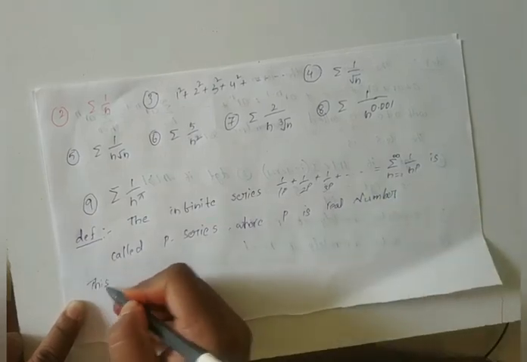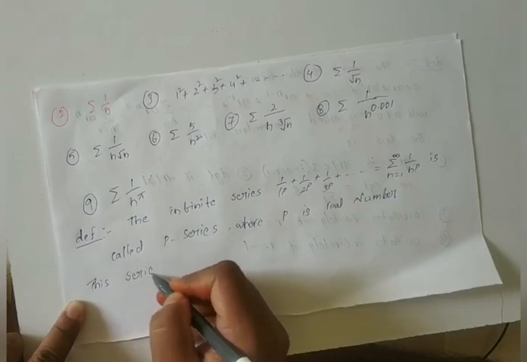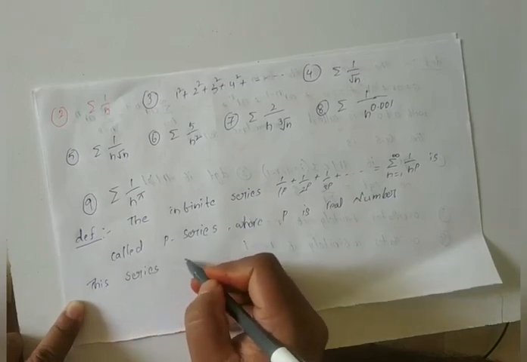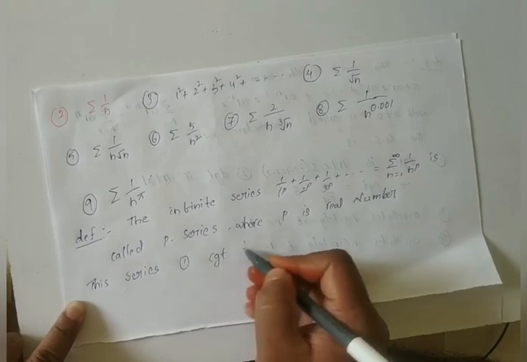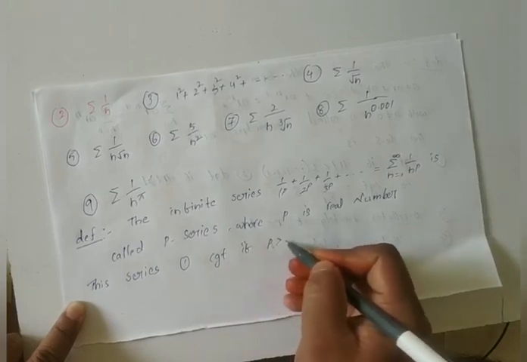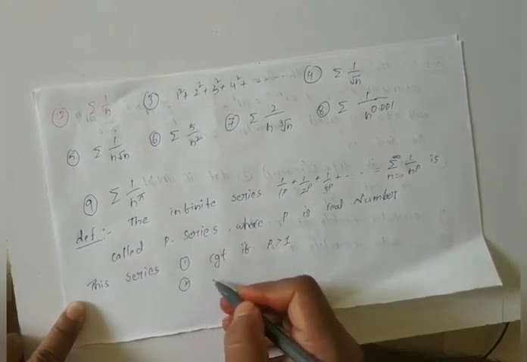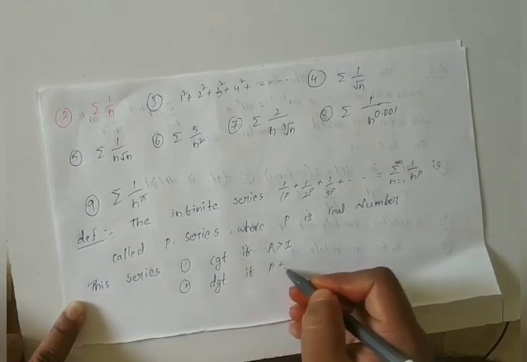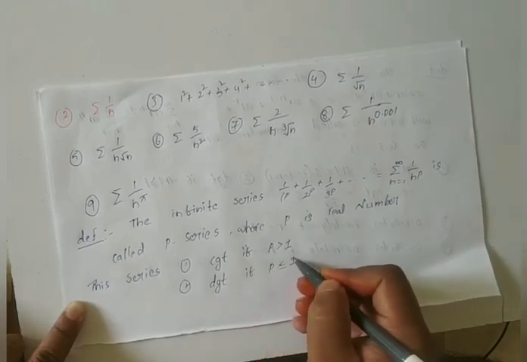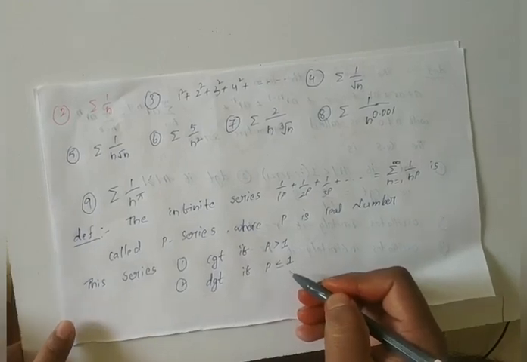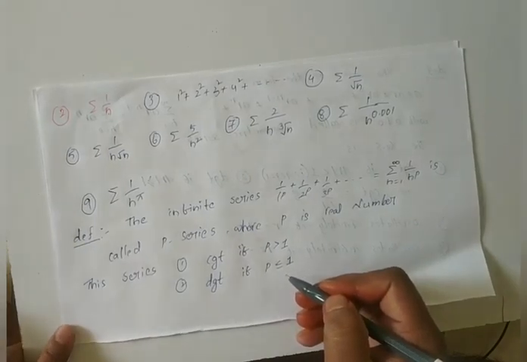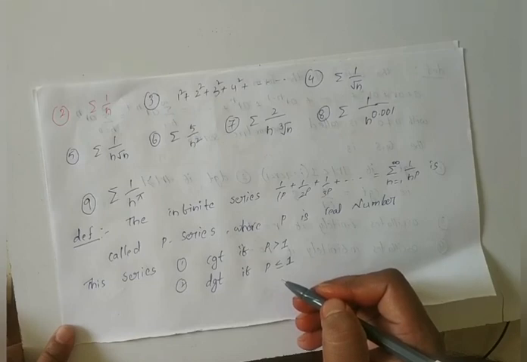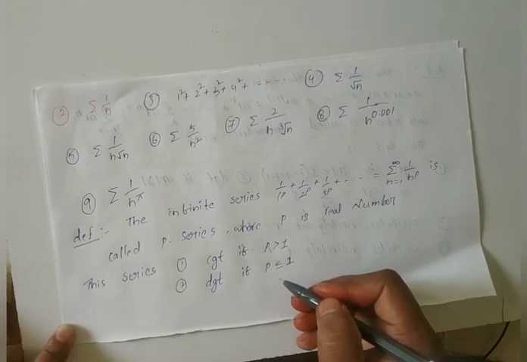This series is convergent if p greater than 1. Second, this series is divergent if p less than or equal to 1. That means the p series is convergent if p greater than 1, and divergent if p less than or equal to 1.